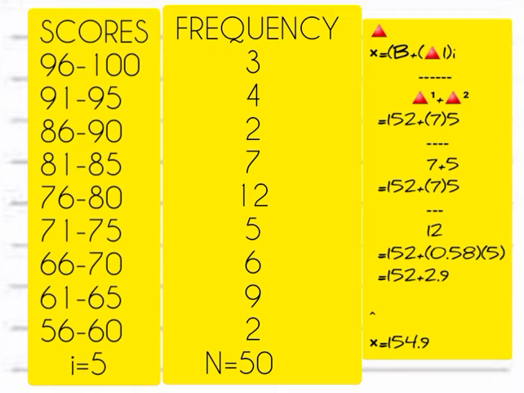Next, 75.5 plus 7 over the sum of 7 and 5, which is 12, times 5. 75.5 plus 7 over 12. So we need to divide 7 by 12. The answer is 0.58, times 5. 75.5 plus the product of 0.58 and 5, which is 2.9.